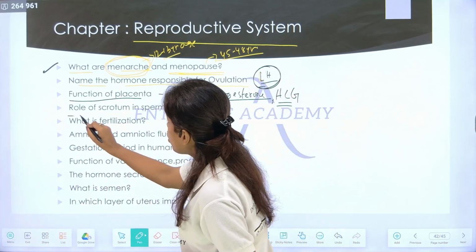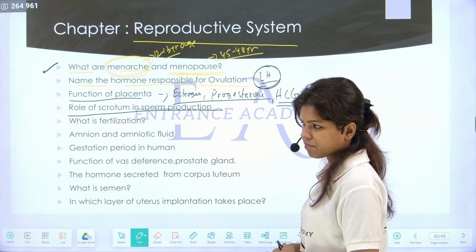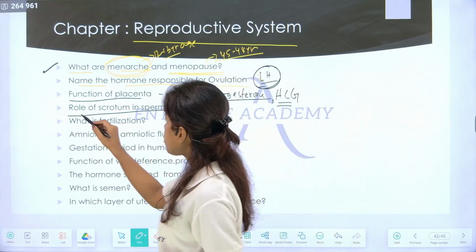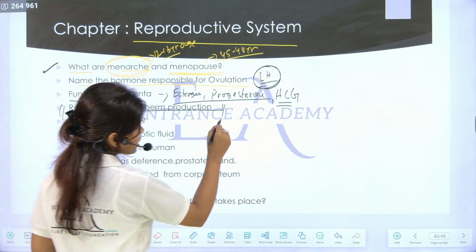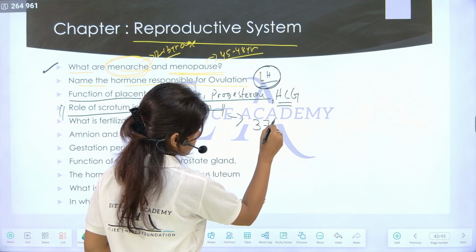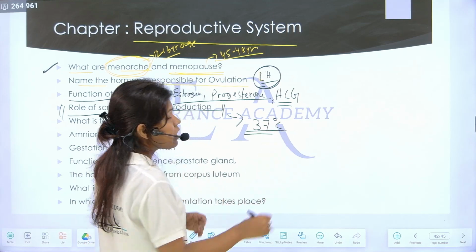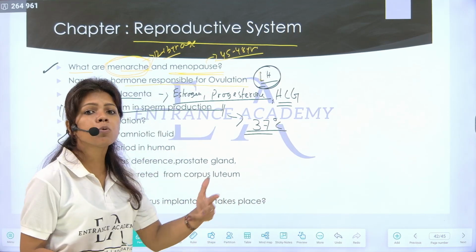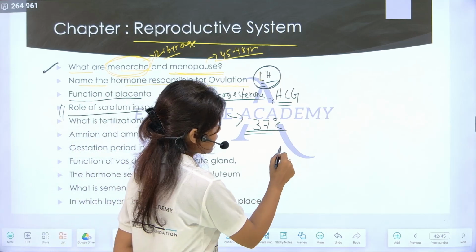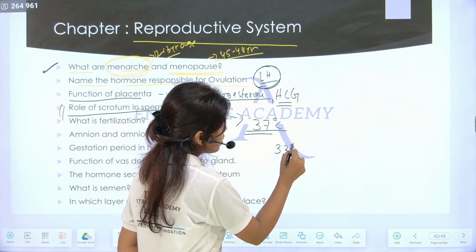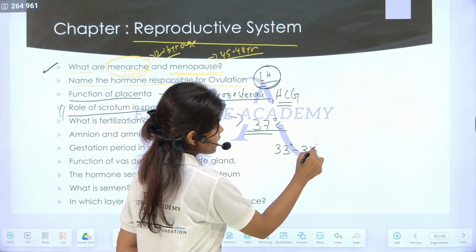Next, role of scrotum in sperm production. As we know, our body temperature is 37 degrees Celsius. But the temperature required for sperm production is 2 to 3 degree lower than the body temperature, that is 33 to 34 degrees Celsius.